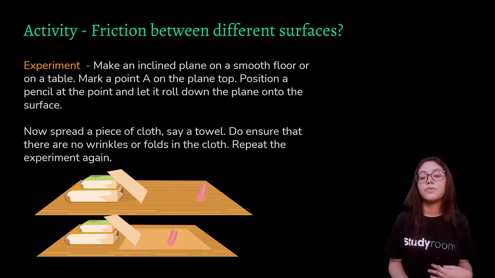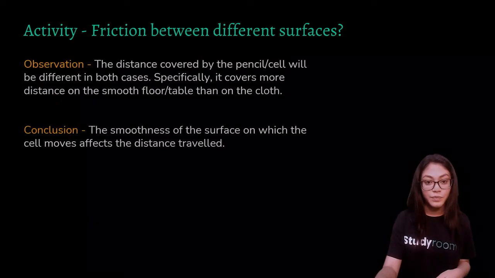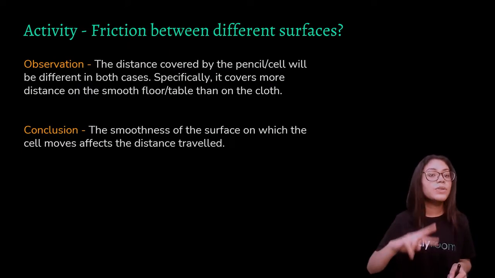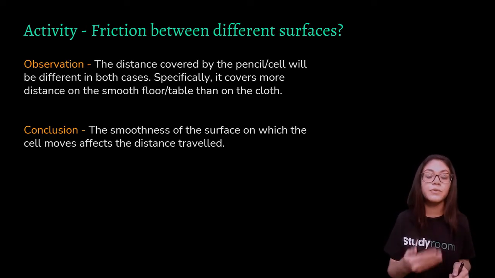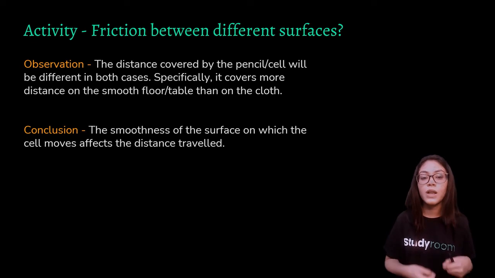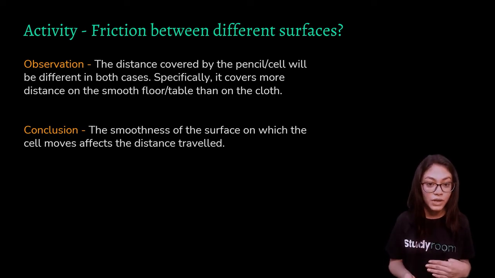Now what will you observe? Can you think for a while? Yes, you observe that the distance covered by the pen in both cases will be different. When you let it roll on the smooth surface without a towel, the distance will be different from when you let it roll on the towel. We can say that the smoothness of the surface on which the pen moves affects the distance traveled, because the towel has more irregularities, that is, less smoothness.